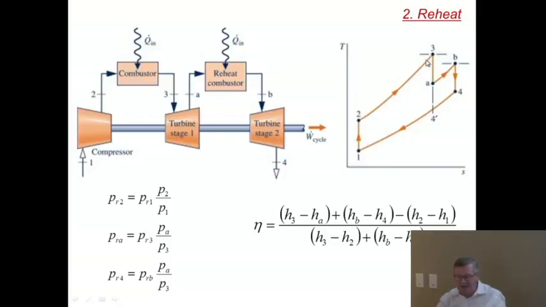And so since you can't add fuel to heat it to a higher temperature up away from 3, you just take a first stage of the turbine where you expand it first, 3 to A, and then you have a second reheat combustor where you heat it back up to point B, and a second stage in the turbine where you expand it again. And thereby you increase the total amount of work because you have increased the area under the curve, and you've done this without having exceeded temperature T3.